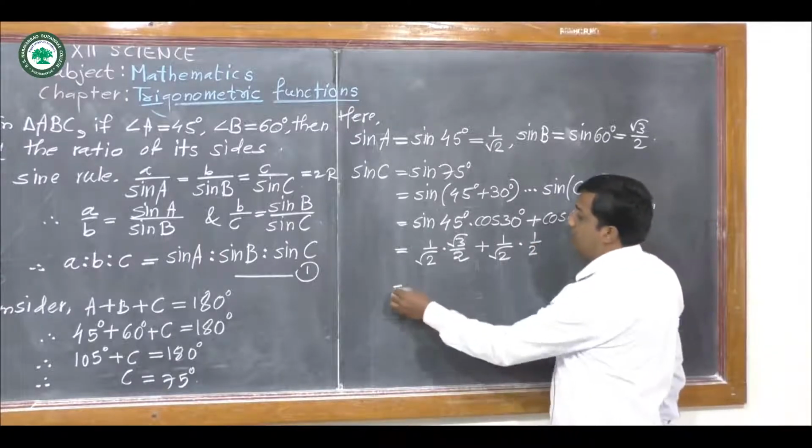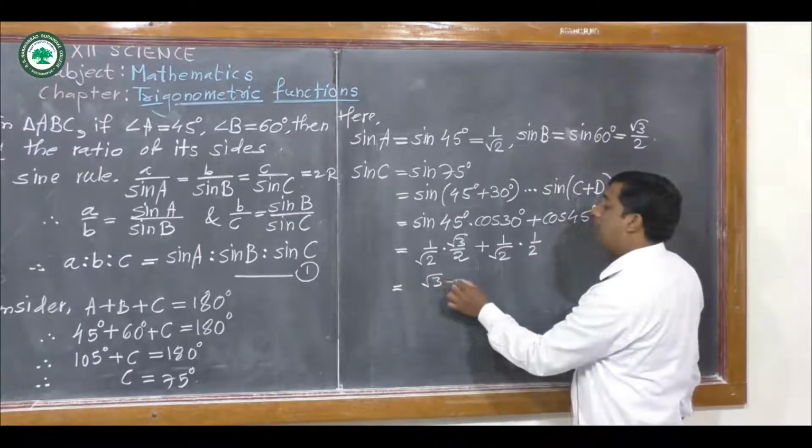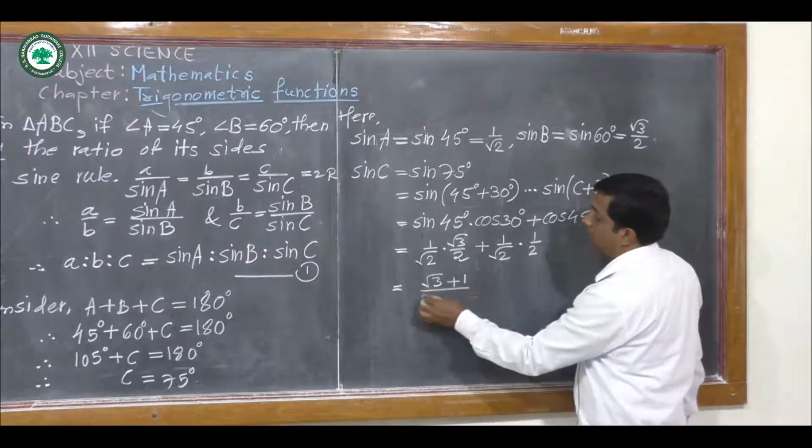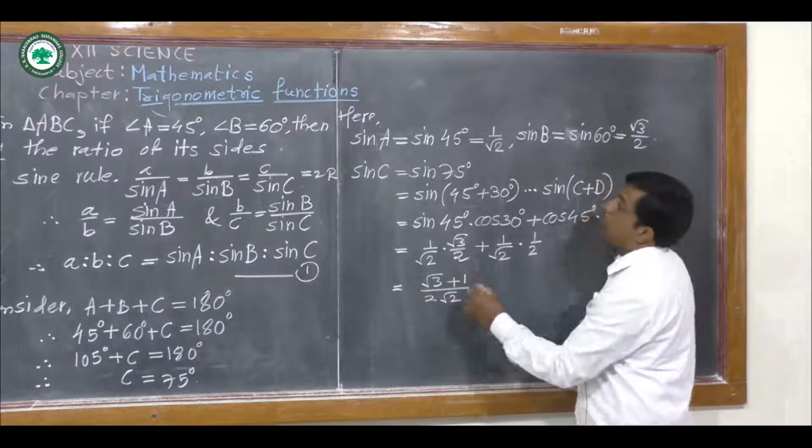And lastly, we get (root 3 plus 1) upon 2 root 2.